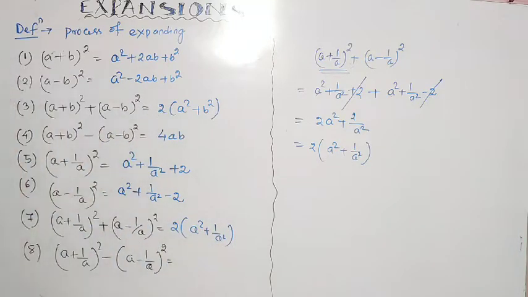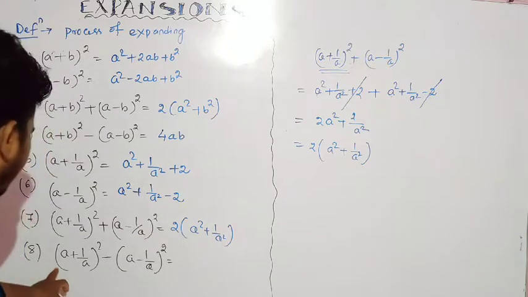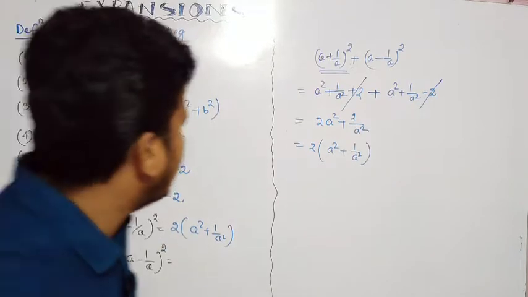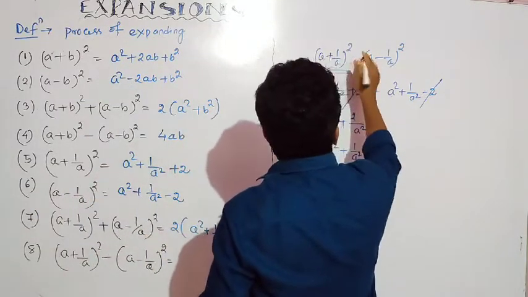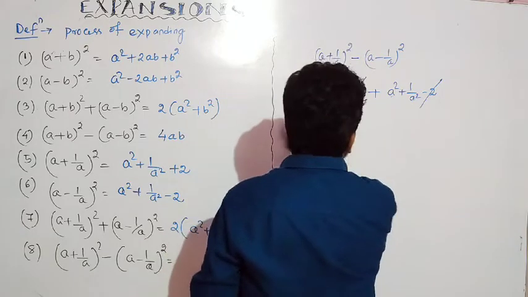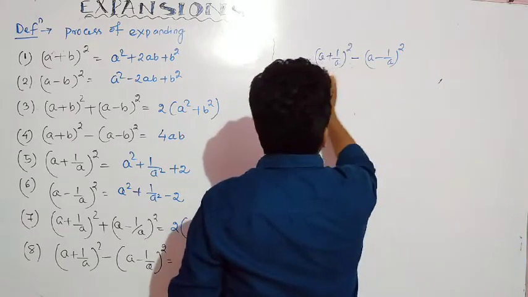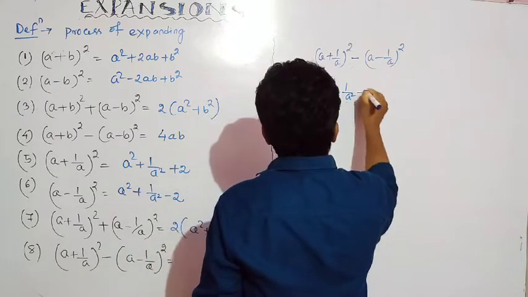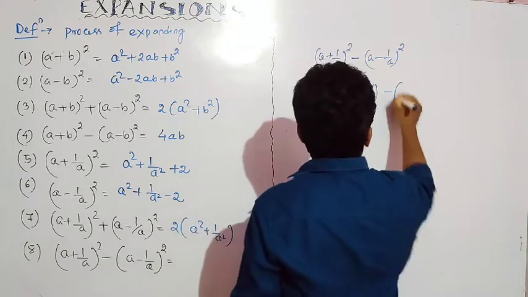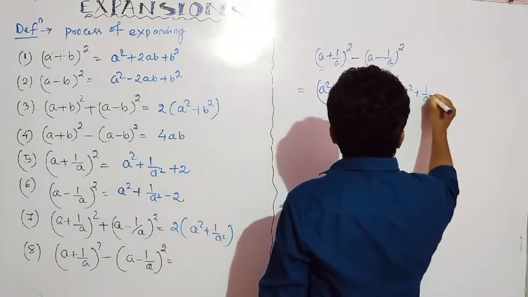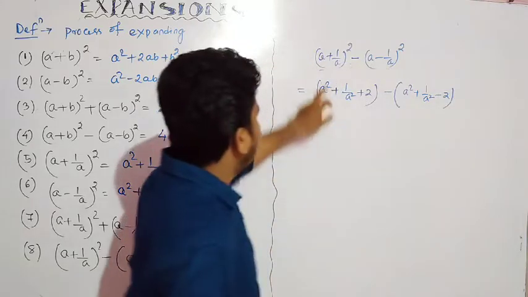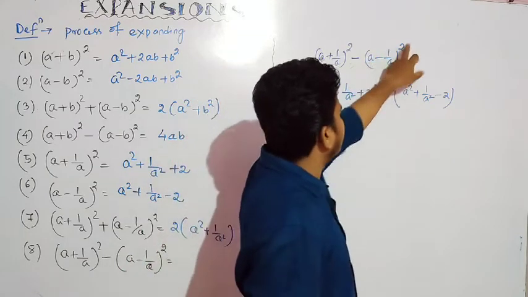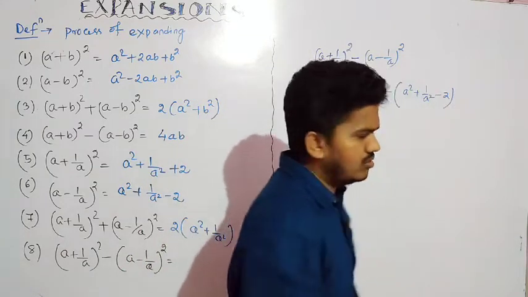Similarly, if you go for the last one, (a + 1/a)² − (a − 1/a)². If I take the minus sign, what happens? For (a + 1/a)², we can write a² + 1/a² + 2, and for (a − 1/a)², we can write a² + 1/a² − 2.